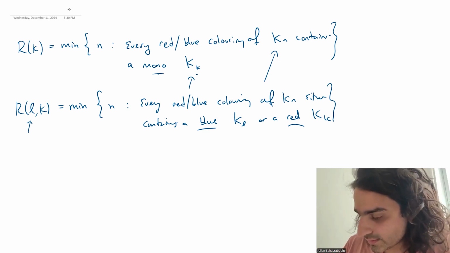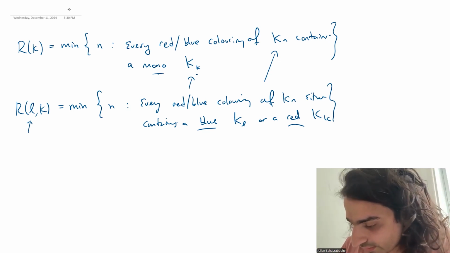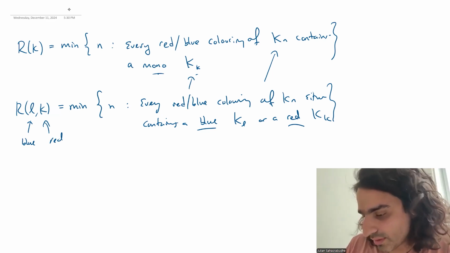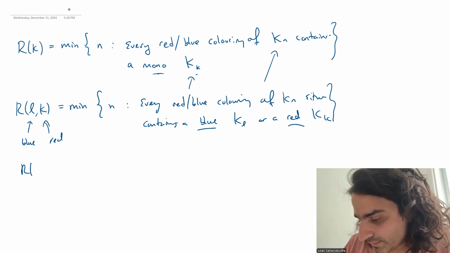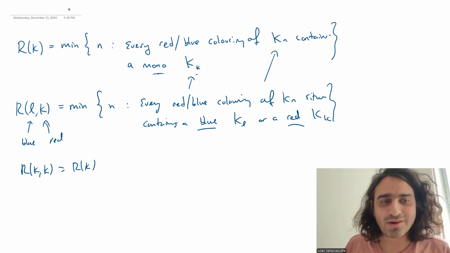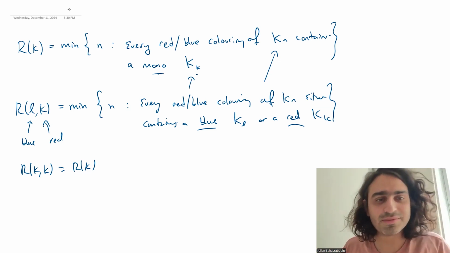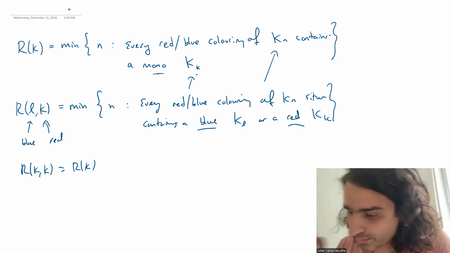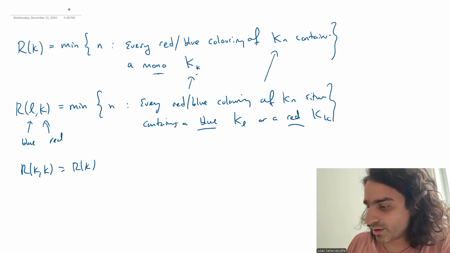So this is l, the blue color, and this will be the red color. Of course, R(k, k) is R(k), which is sometimes called the diagonal Ramsey numbers. But mainly we'll be just talking about R(k) after this talk, beyond a few remarks.